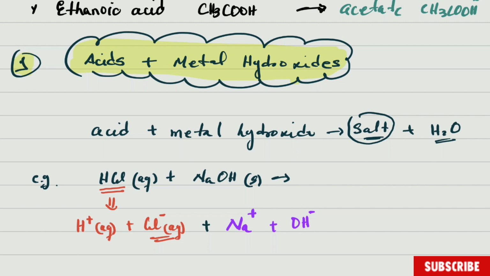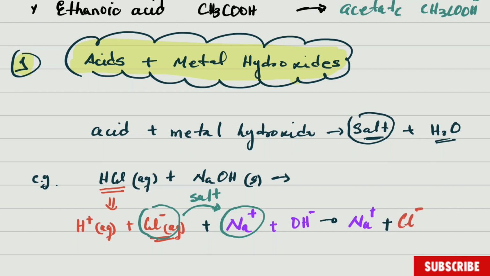Now, the salt is going to form when the negative ion of the acid comes together with the positive ion of the base. When they come together, they give you the salt. So in the products, we are going to have the combination of Na+ and Cl-.